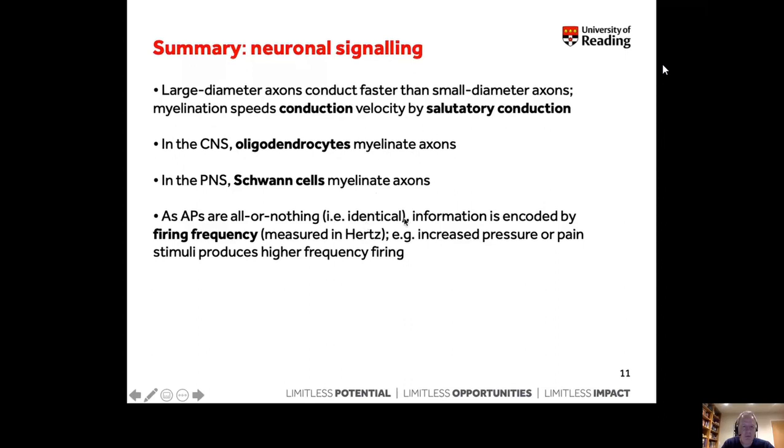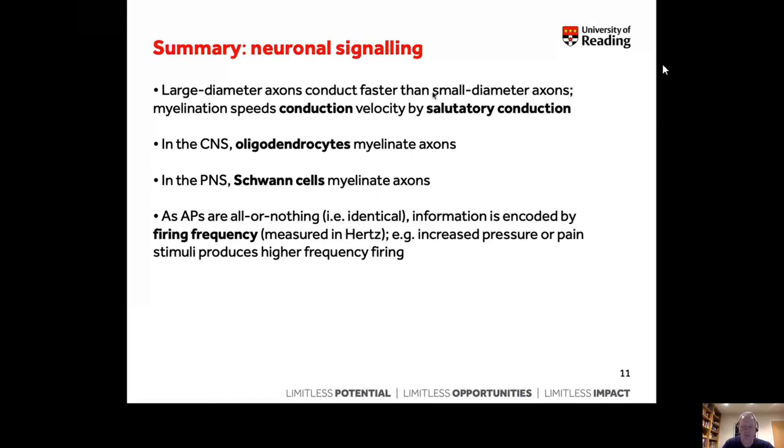In terms of myelin, we've got different types of axons. Large diameter axons conduct faster because they're highly myelinated, so they've got a higher conduction velocity. We haven't talked about saltatory conduction. Again, maybe just for completeness here, saltatory comes from a Latin word, which means to jump.